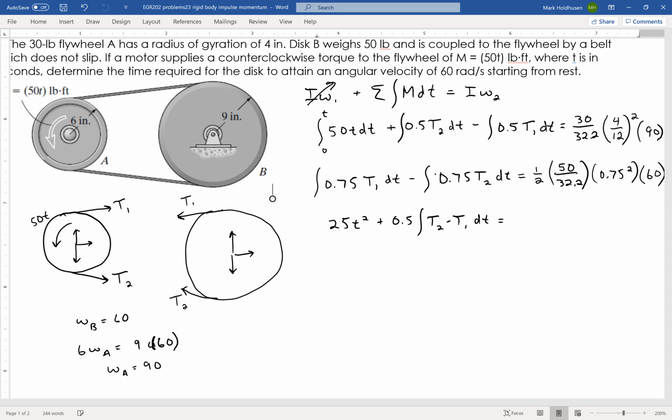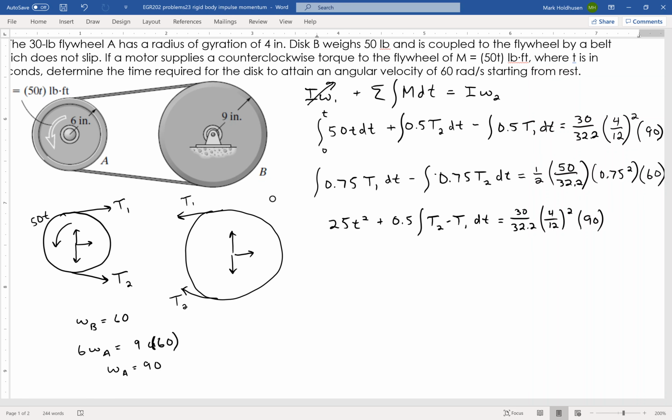And then that is going to equal what I have on the right side: 30 divided by 32.2 times 4/12 squared times 90. That's just some number. I don't have the number right in front of me.